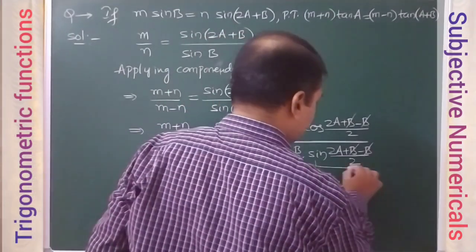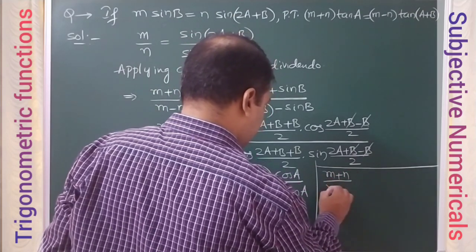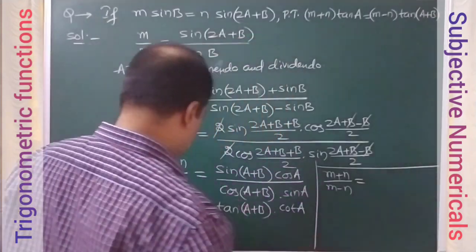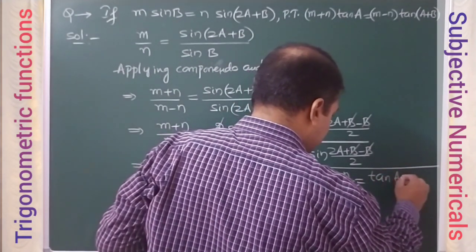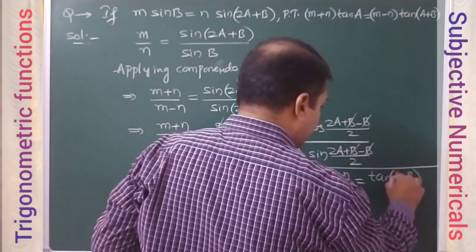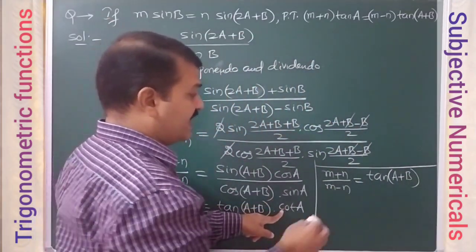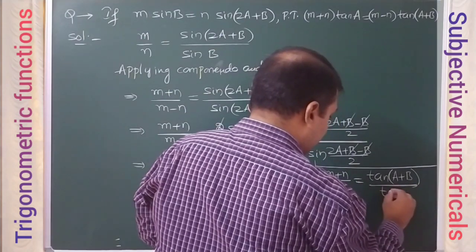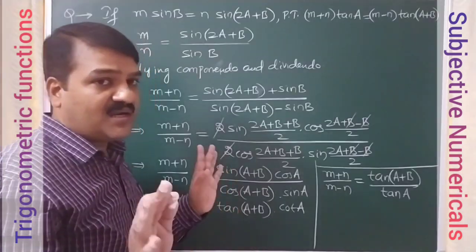We will write the next step like this. m plus n by m minus n is equal to tan a plus b, we will keep as is, because in the proof also you have tan a plus b. Cot a we have to change. So cot a I am writing as 1 by tan a, because in the proof we have the tan a term, not cot a.